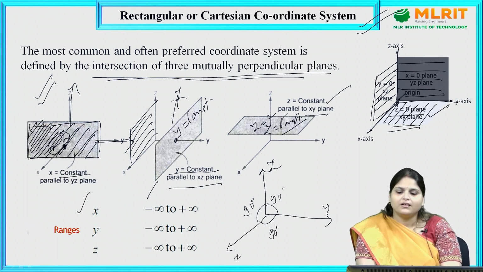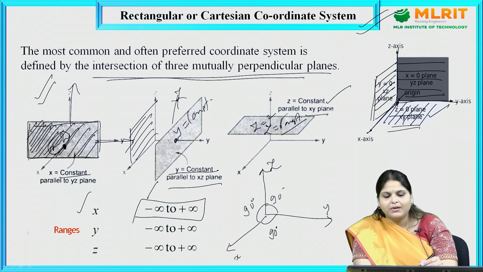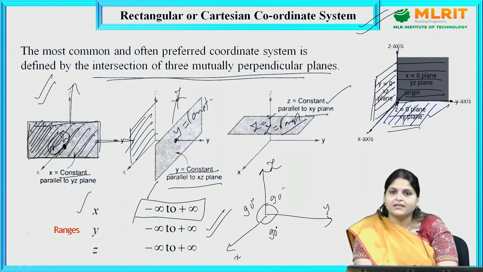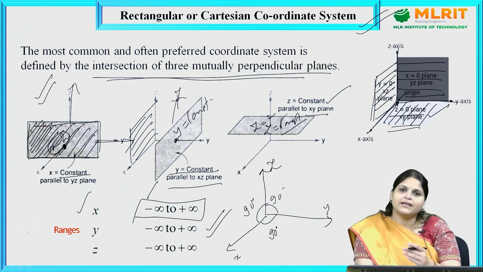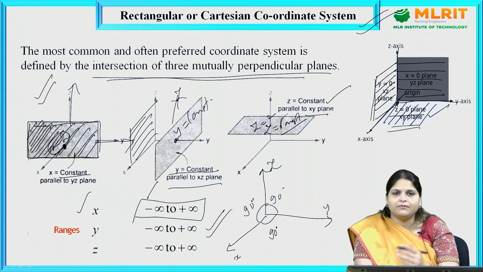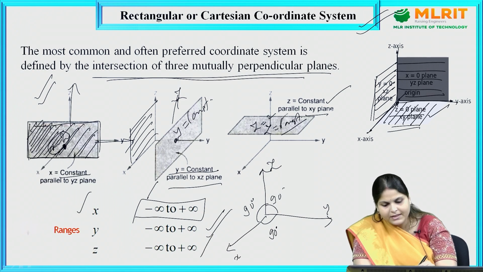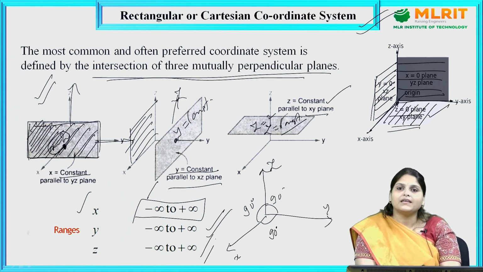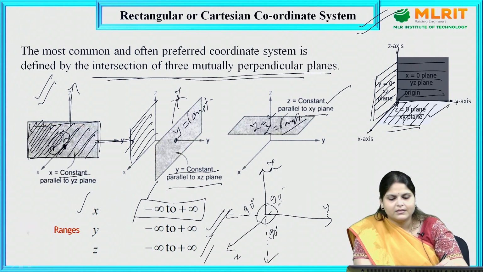So, the range for x-axis would be from minus infinity to infinity. Similarly, for y also, it will be minus infinity to plus infinity, means x-axis can be extended from minus infinity to plus infinity, y can be extended from minus infinity to plus infinity, and also z can be extended from minus infinity to plus infinity, means it can go in this direction also, like this.